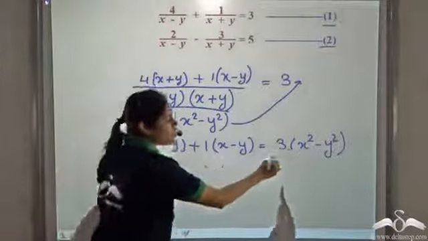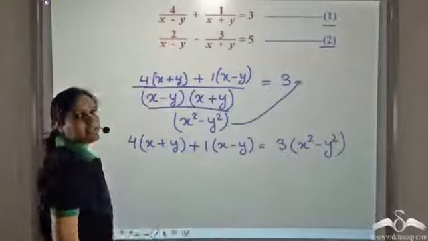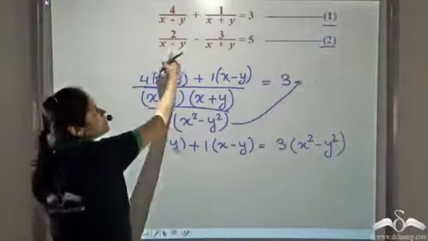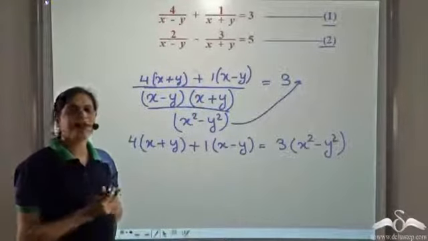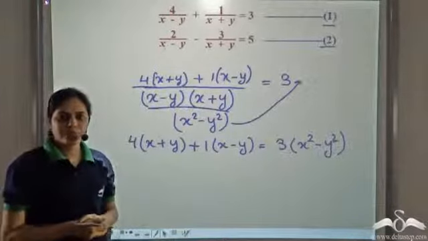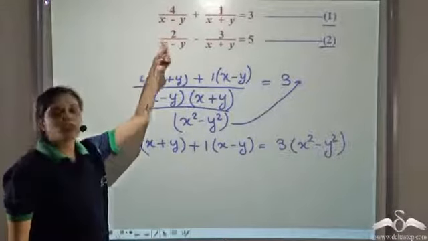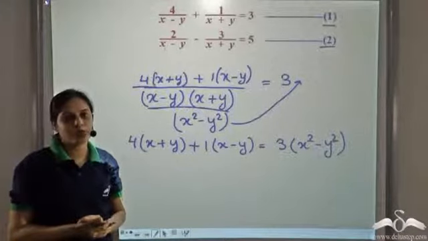Hence, this is not a linear equation. Similarly, for the second, we will get an x square term and a y square term, so even this is not a linear equation. So although these two are equations in two variables, they are not linear equations.